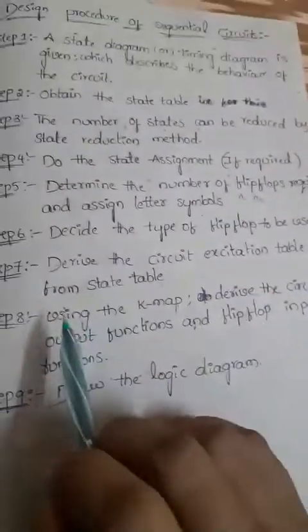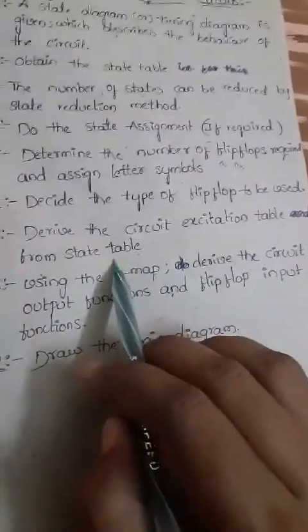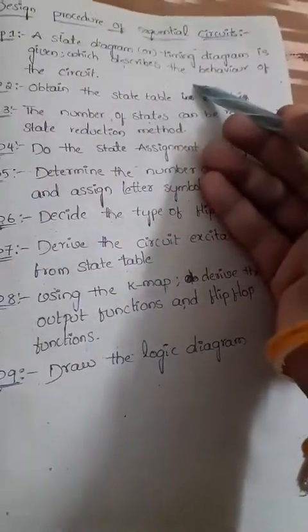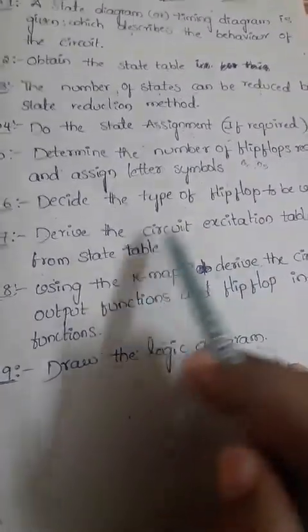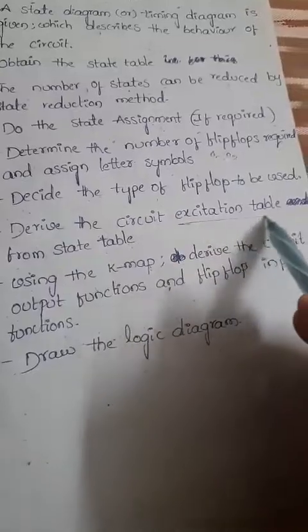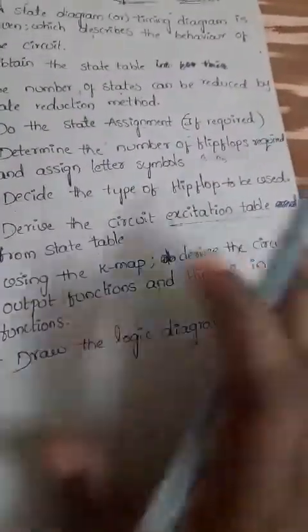Now coming to step 7: derive the circuit excitation table from the state table. The state table we already have, and we derive the circuit excitation table from the flip-flop truth table.